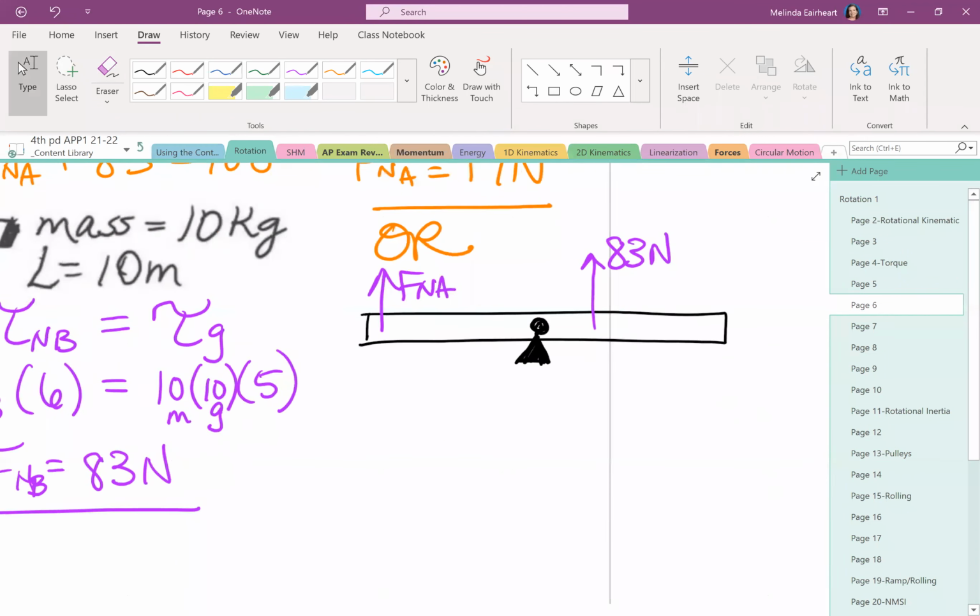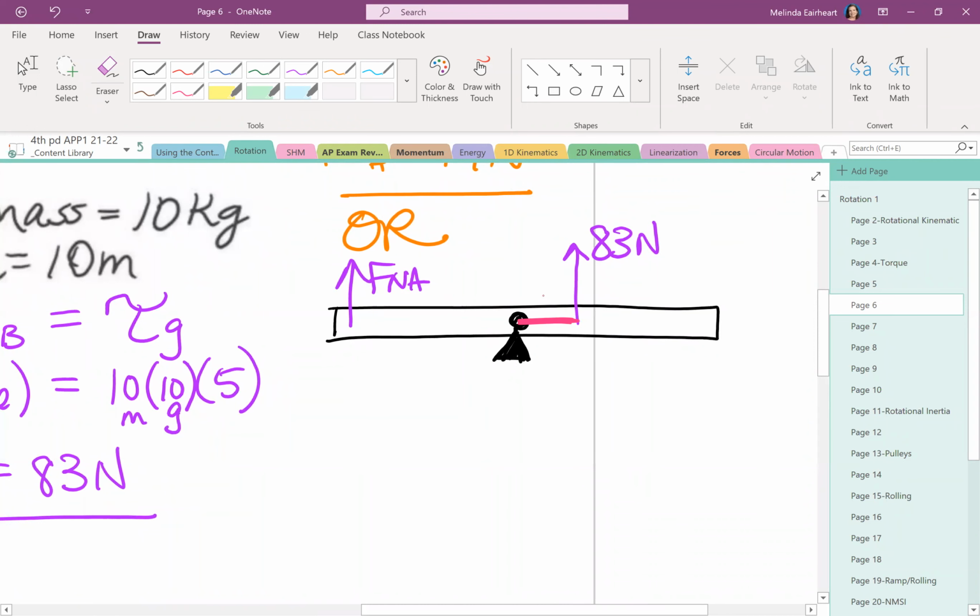Lever arms for each. Lever arm would be 1 meter for the 83 newton, and then it would still be 5 meters for your A force. Put these torques equal to each other. Notice they're both up, but one's on the left, one's on the right. And so we're going to have FNA times 5, balancing 83 times 1.